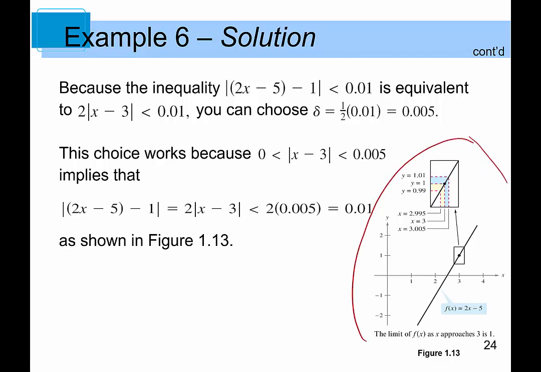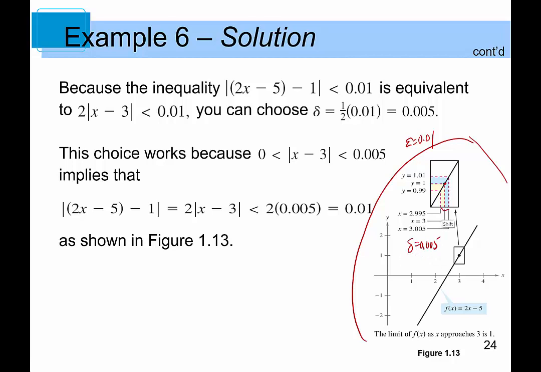So at this particular point, in this case epsilon is 0.01 and the delta is 0.005.